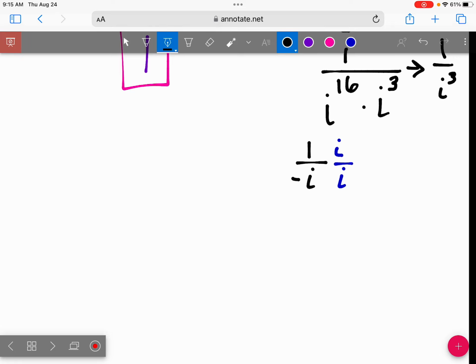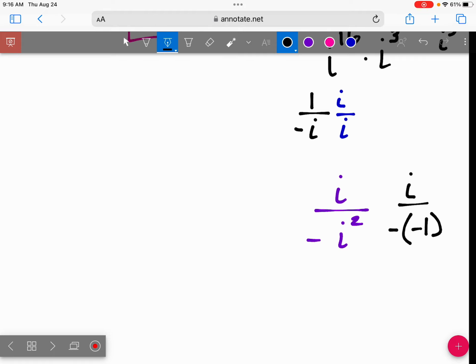So what we get is i over negative i squared, right? What's i squared? Negative 1. So we have i over negative 1. Negative 1 is just 1. i over 1 is just i.